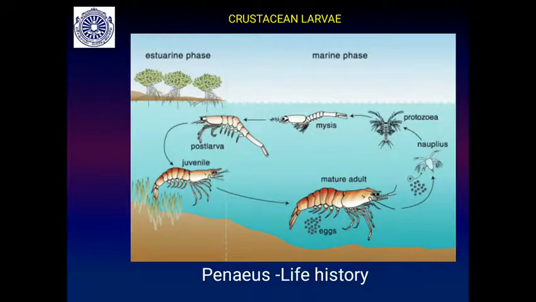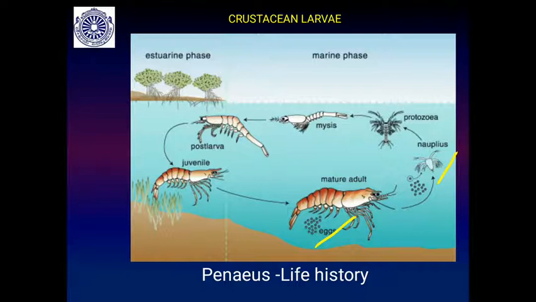For example, you have studied the detailed account of Penaeus. Just look at this picture, the Penaeus life cycle. It starts with the egg, which hatches into a tiny 0.1 millimeter larva. This is called Nauplius, a microscopic larva.